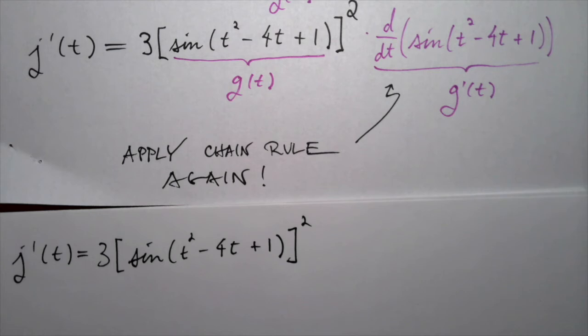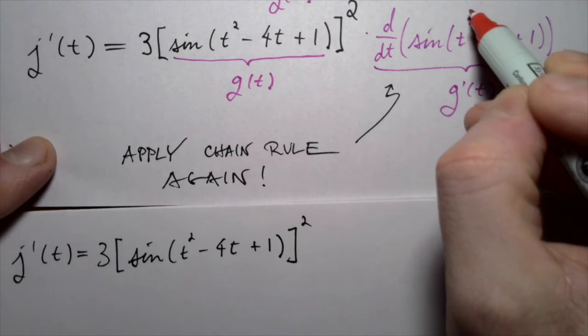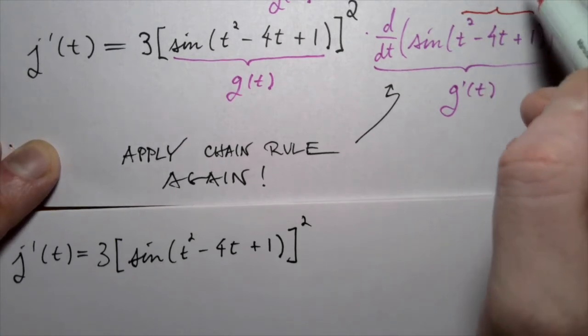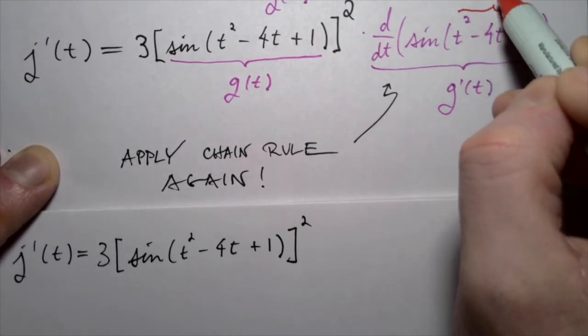To take the derivative of that function, again there's going to be an inside and an outside. Let's use two different colors. To take the derivative of this entire thing, we first do the polynomial. That's going to be the inside, in red.